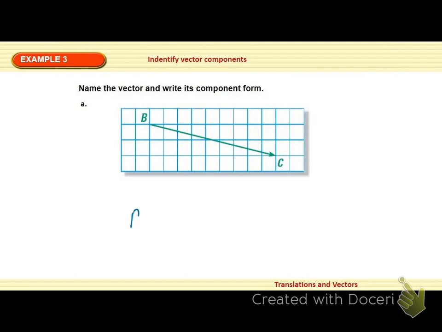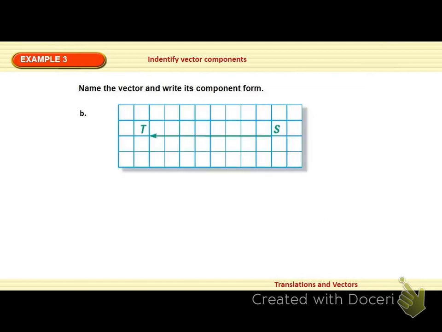Well, this is obviously vector BC. And its component form would be horizontal direction first. So from B to C, we have to go over 1, 2, 3, 4, 5, 6, 7, 8, 9. And then the vertical component would be down 2. So that would be its component form, 9, negative 2.